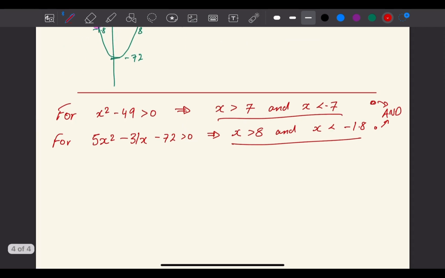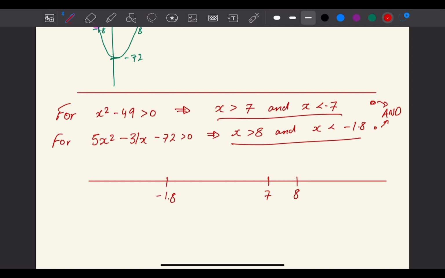So let's just take a normal line graph here. Okay, this is number 7, this is number 8, this is minus 1.8, this is minus 7. So our inequality says x is greater than 7, but I'll do it in different colors. x is greater than 7 and x is less than minus 7.